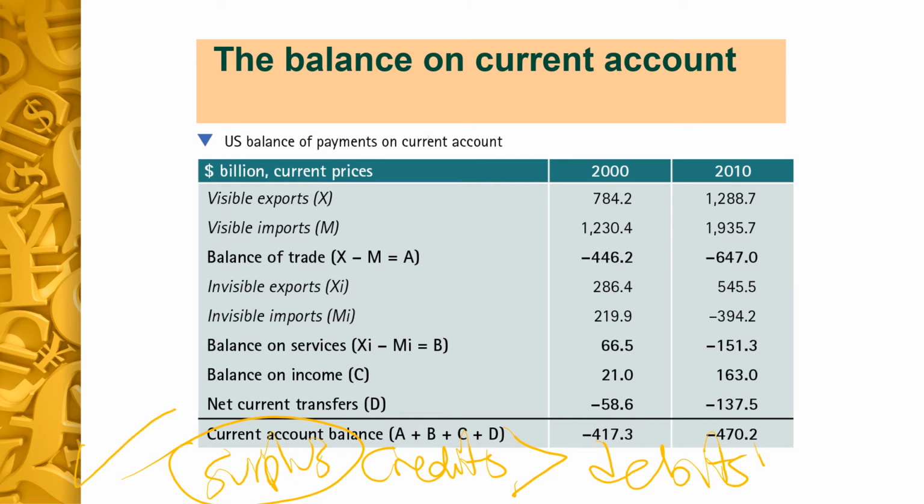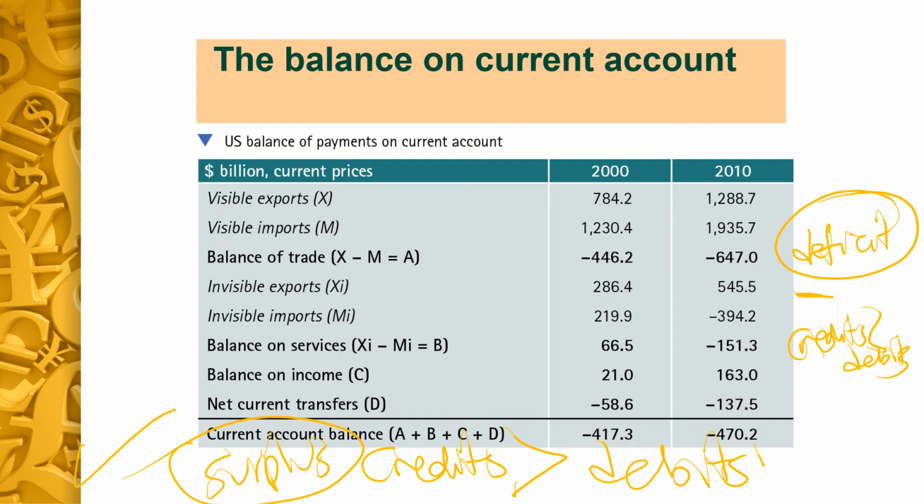Whereas on the other hand, you guys, I can have something called a current account deficit. And deficit means it would be negative. So at that point, the credits were less than the debits in the current account balance, okay?